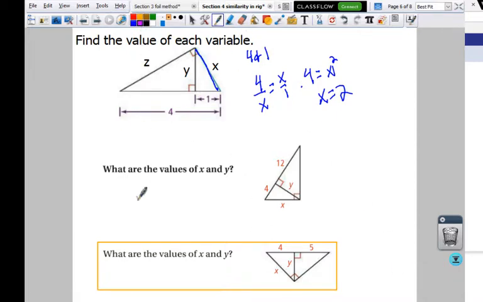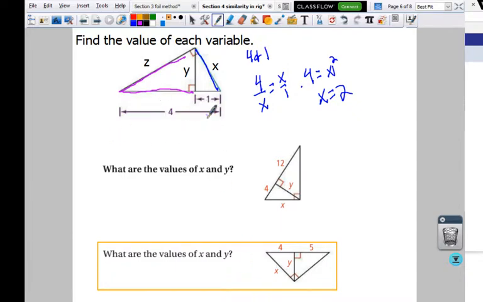How about y? Alright, so we found x. Let's find z next. Z is the whole thing and the bigger piece here. If you look at the big side and the little piece, it equals this little piece. If you look at the big side and this piece, it equals this piece over here. You can kind of see how they're connected. I have a feeling z equals 6.